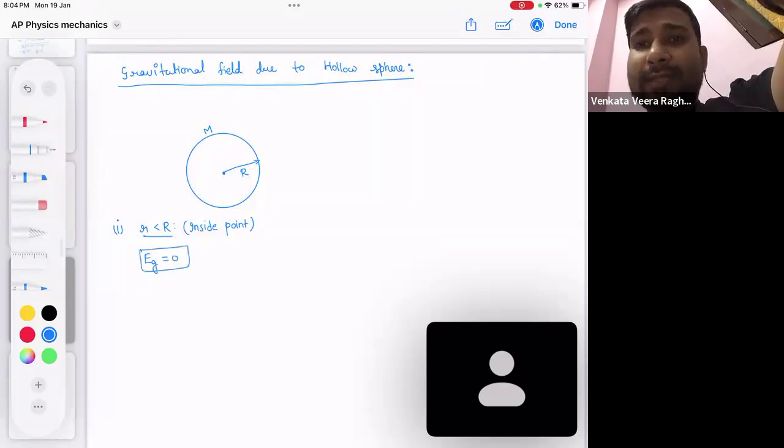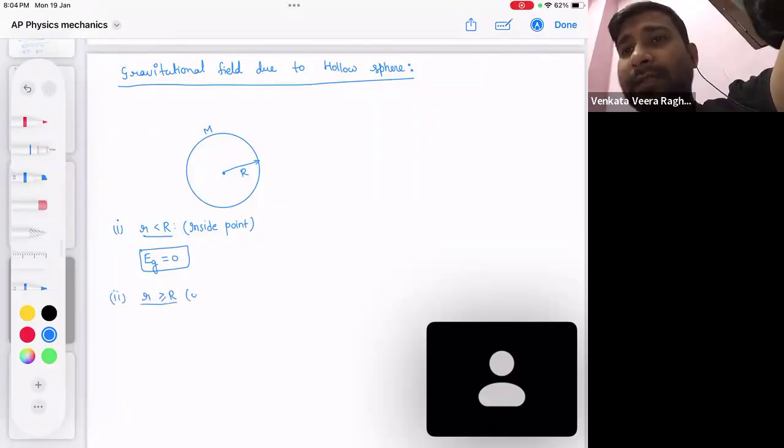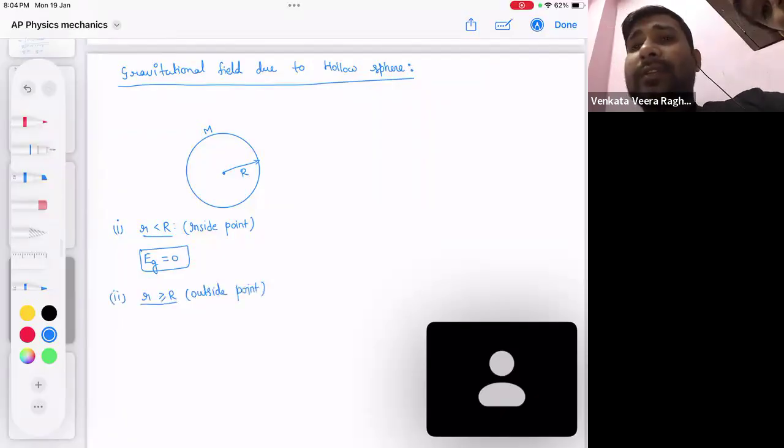Next, if r is greater than or equal to R, that means we are calculating the field outside the sphere. For an outside point, whenever we have a spherical charge or mass distribution, we can consider that the entire mass of the sphere is located at the center.